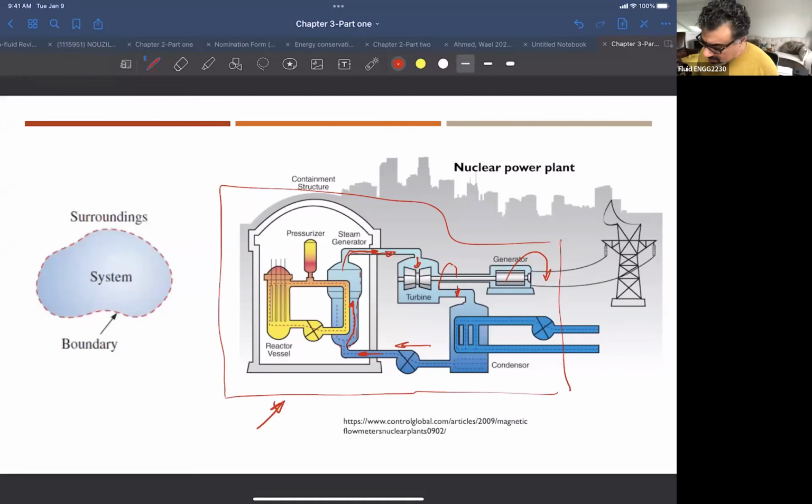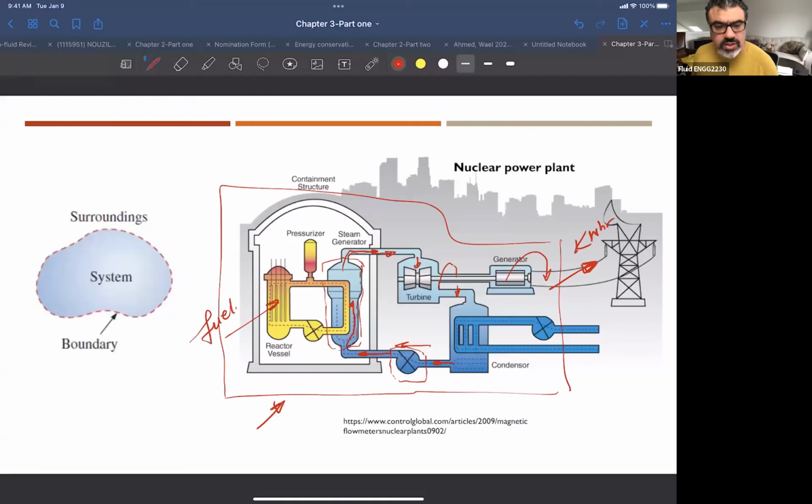You can do the analysis to see how much, for example, kilowatt hour is generated out of this plant versus how much fuel you are adding here. Or you can look at every component. You can look at this pump here to see what is coming into the pump and what is going out of the pump, right? Or what is coming into the boiler here, right?